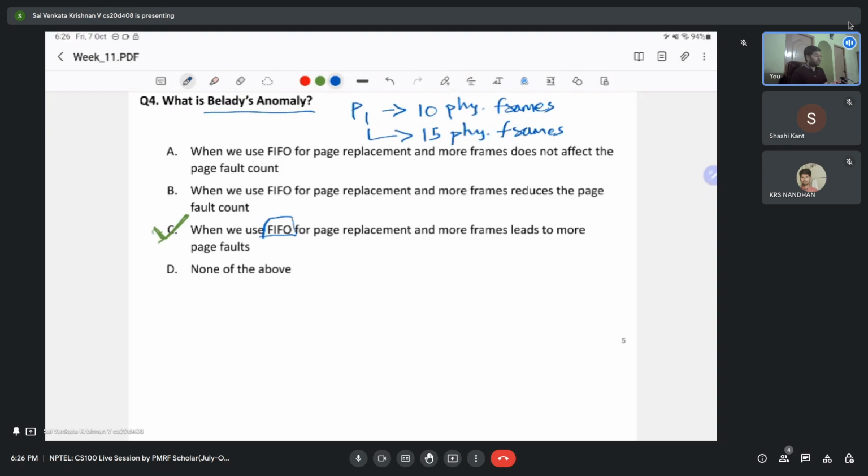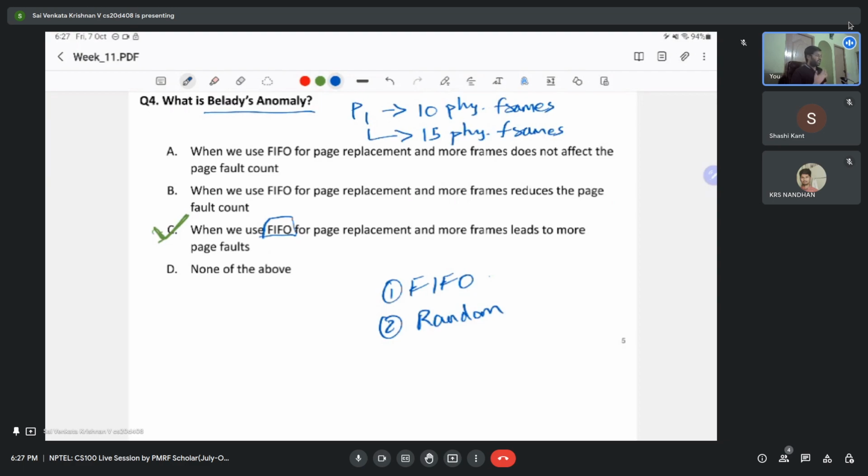We thought increasing the frames would reduce the page fault count, but it's doing the opposite. It's not just remaining at a constant level; it's increasing the page fault count. So that's what Belady's anomaly is all about. And this anomaly is present in FIFO, first in first out, and random page replacement algorithms, and a couple of others.